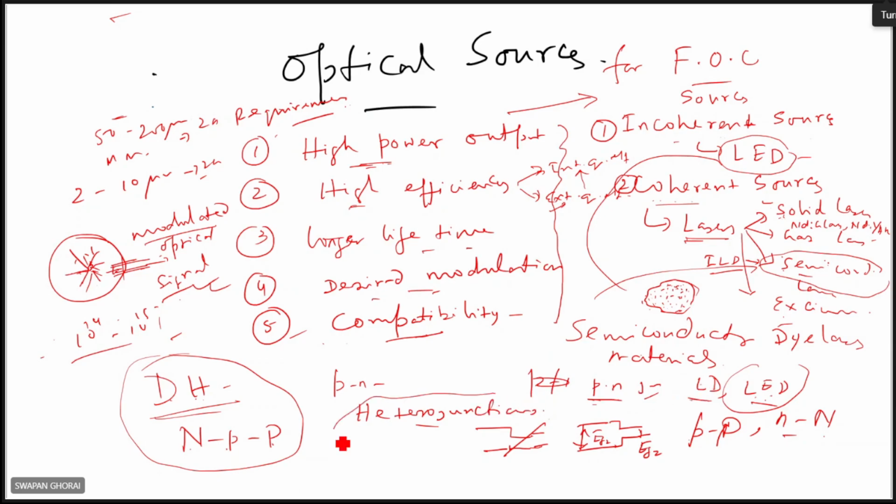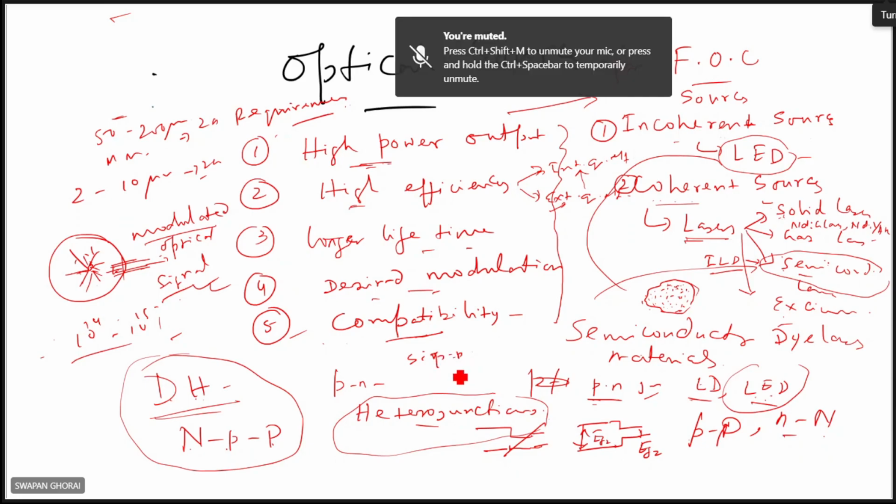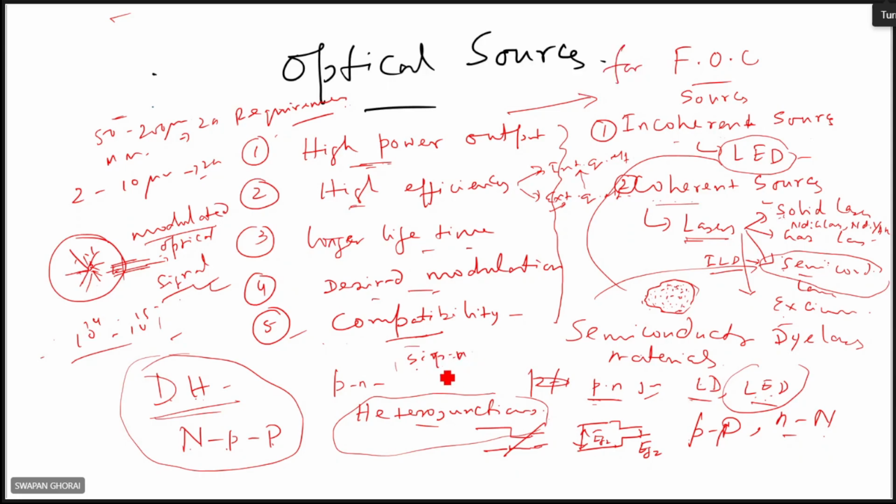They must be heterojunctions. For example, a silicon PN junction diode: the material is silicon, it can be P-type or N-type depending upon the doping, and arranged together you get the PN junction.